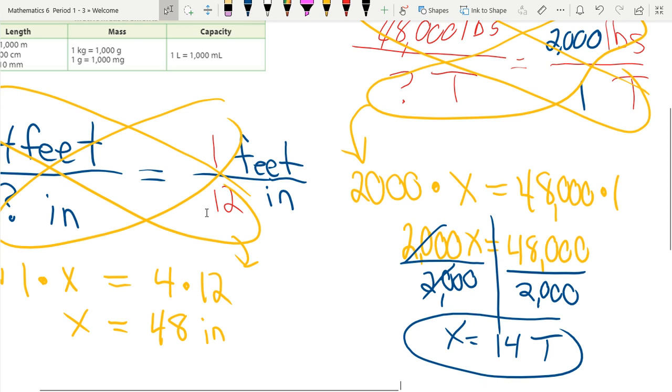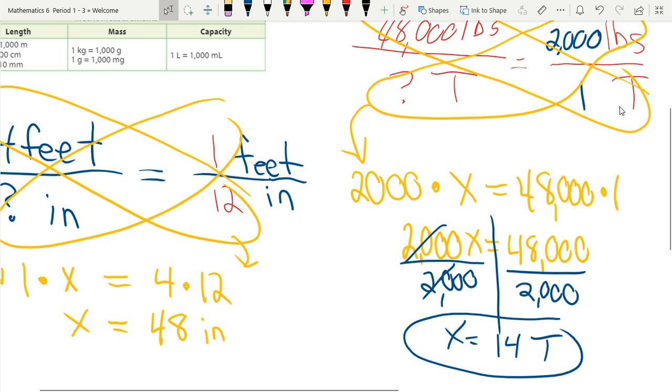Now, why did we multiply it on the first problem, and why did we divide it on the second problem? It's the setup. It's the way we set it up. We put our labels in. On the first problem, remember it was feet to inches, and then on the right we put feet to inches. Well, look at over here, we had 1 foot equals 12 inches. But over here, it's pounds to tons.